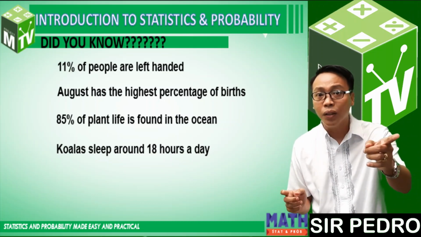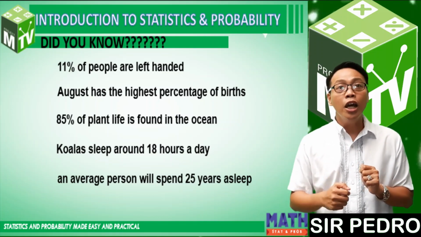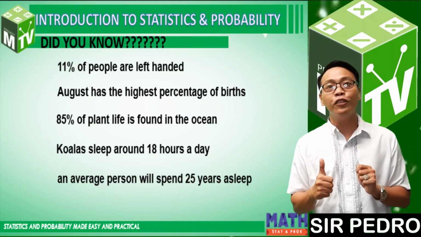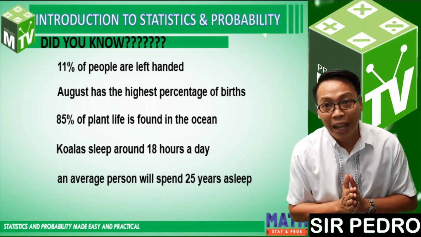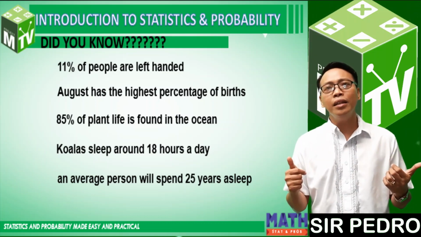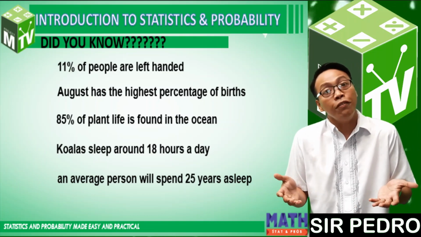And also, don't you know that an average person takes 25 years of sleep in his lifetime? So maybe if you live until 70, that means you have only been awake for say 55 years.